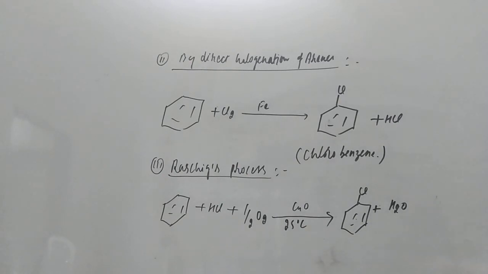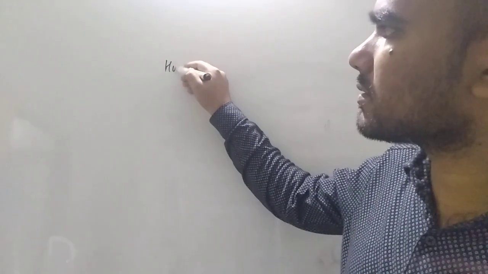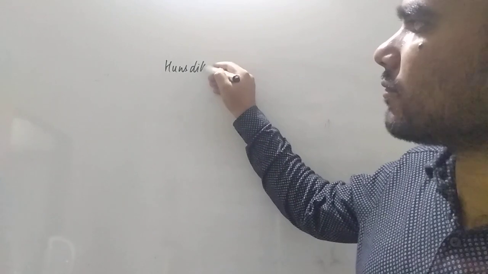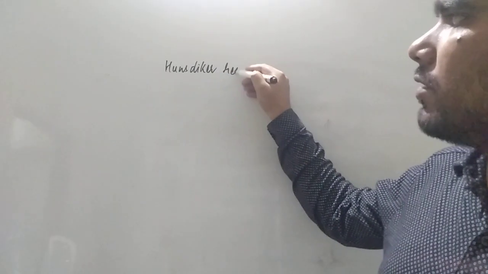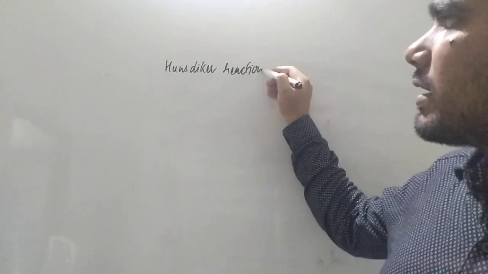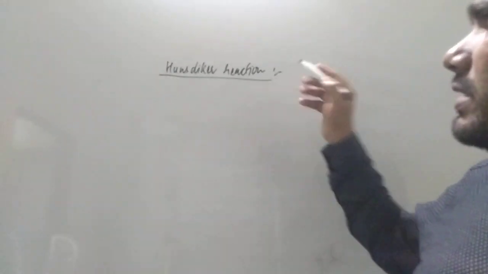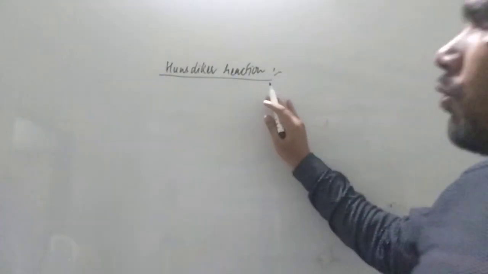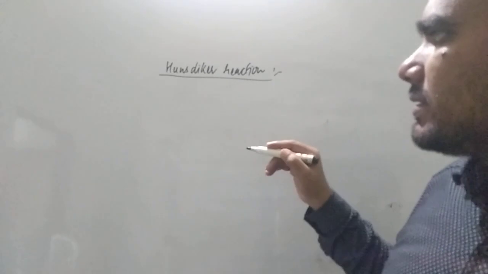Now let us move on to the fourth method, the last method: the Hunsdiecker reaction. This is also not in the CBSE board, but it is very important for NEET and JEE students.